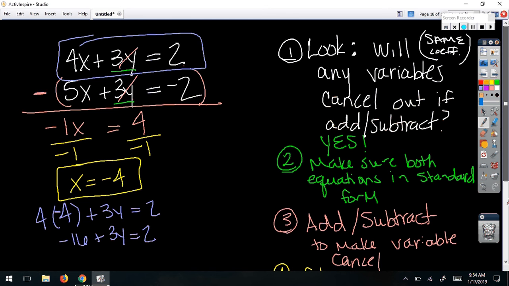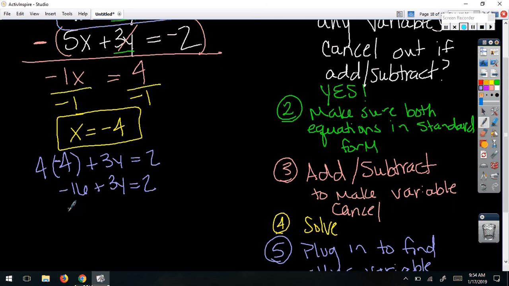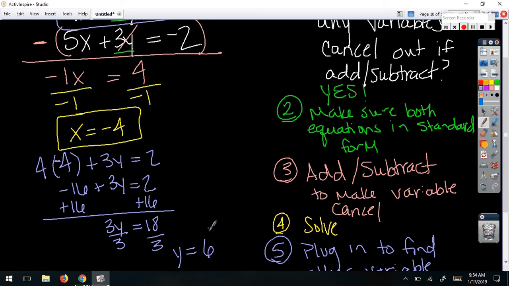Add 16 to both sides. So this solution is -4, 6. X equals -4, y equals 6.